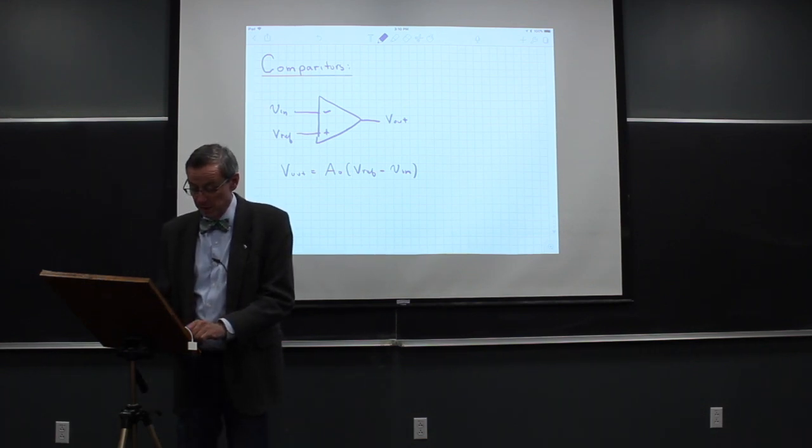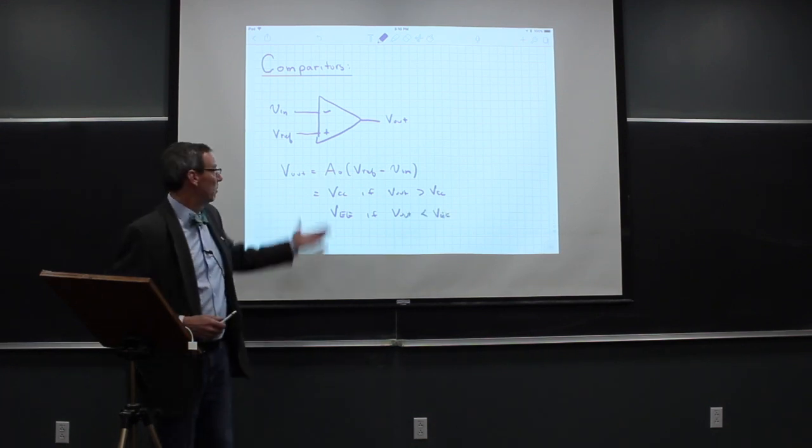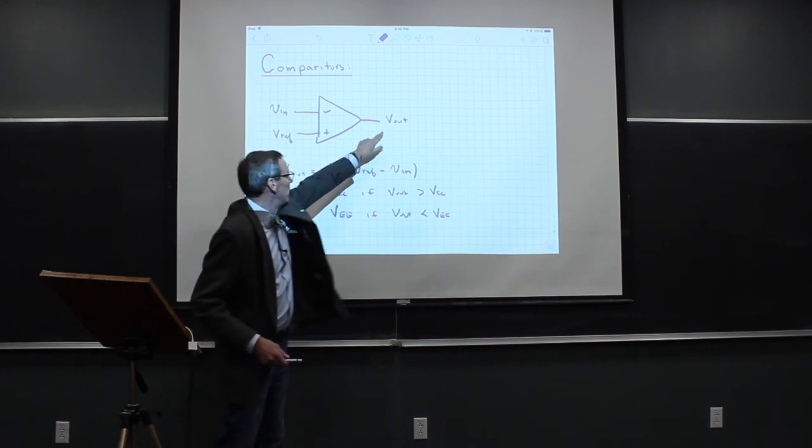So this is going to be VCC if V out is greater than VCC, and it'll be VEE if V out is less than VEE. So this is basically always going to have a signal that's shoved up at one of the rails.